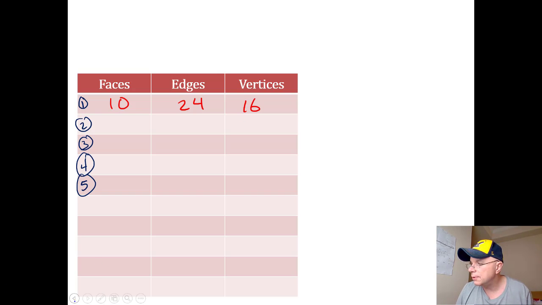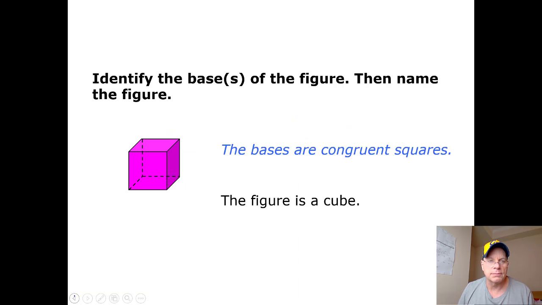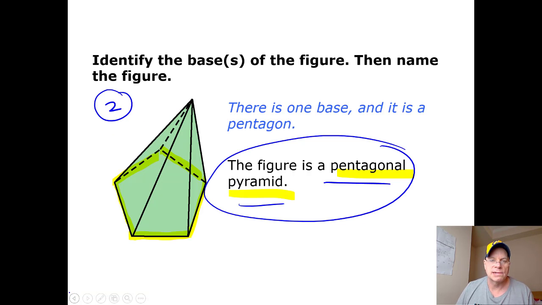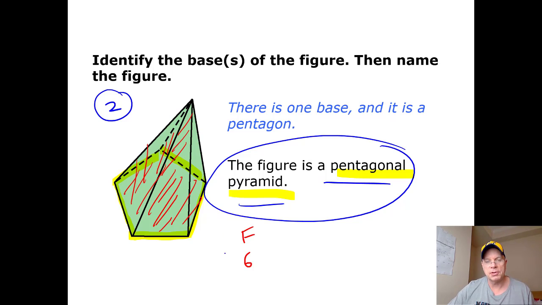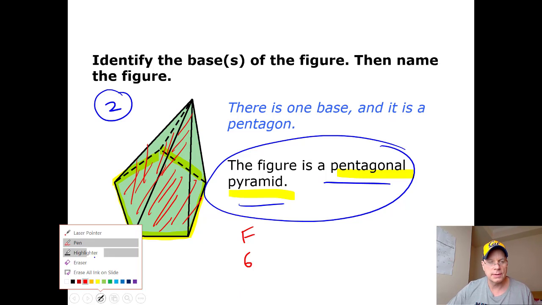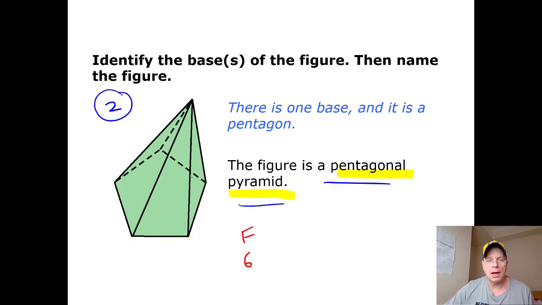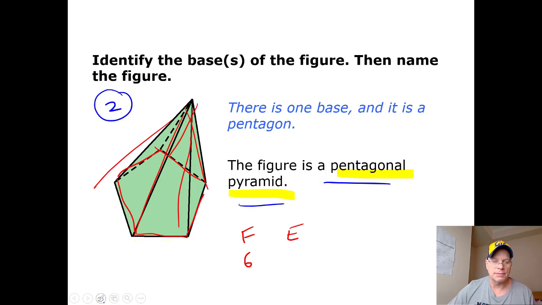For shape number 2, the pentagonal pyramid, how many faces do you see? There's 6, because the pentagon is a face, and then there are all these triangles. There's 5 triangles plus 1 pentagon for a total of 6 faces. How many edges do you see? There's 1, 2, 3, 4, 5 on the pentagon, and then 1, 2, 3, 4, 5 more going up to that apex.